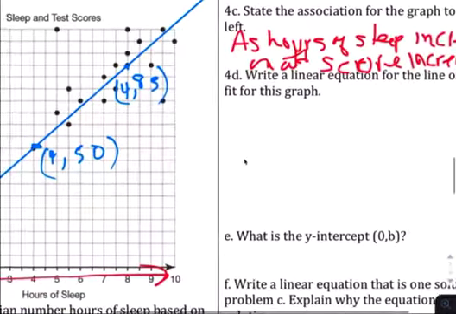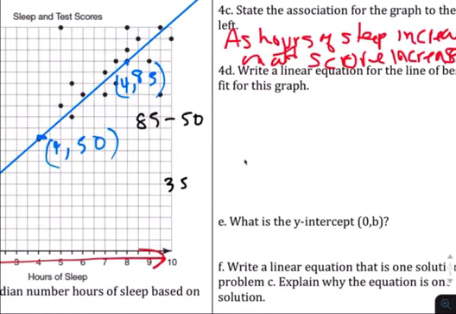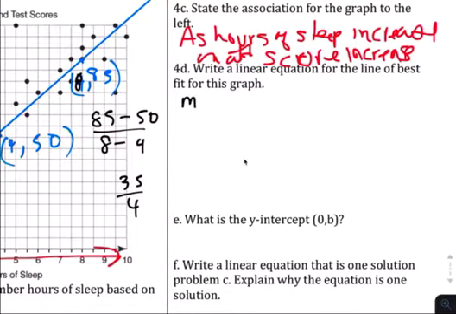So, start with slope. 85 minus 50. That's 35 over 4, 8 minus 4. Okay, so you use point slope. Y minus y1 equals m parentheses x minus x1.